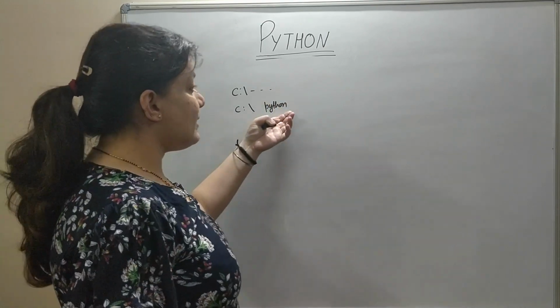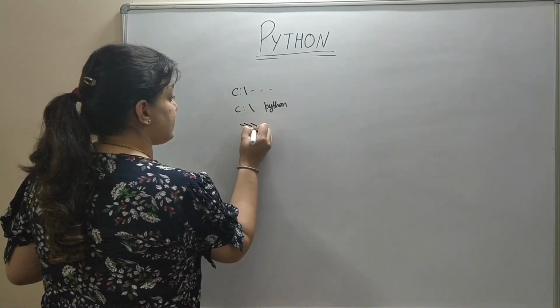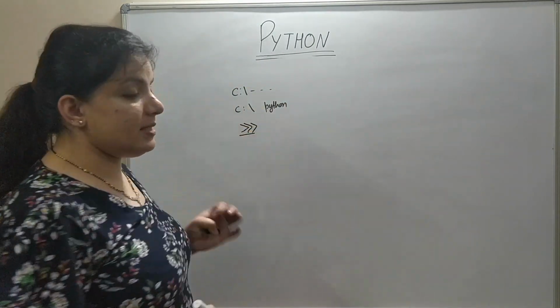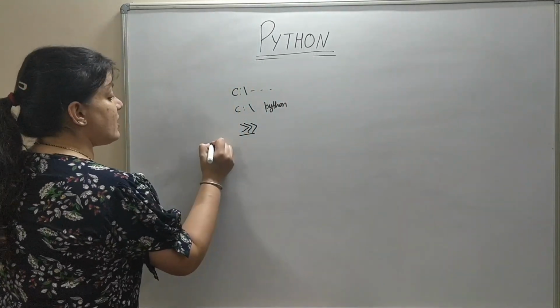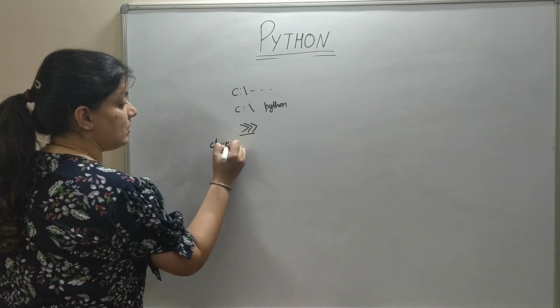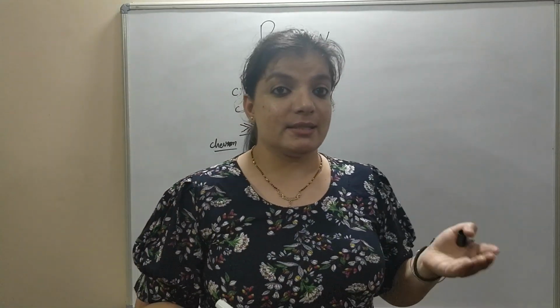Once we write Python and press enter, we get this symbol. This symbol is called a chevron, and it indicates that the system is ready to take Python instructions.